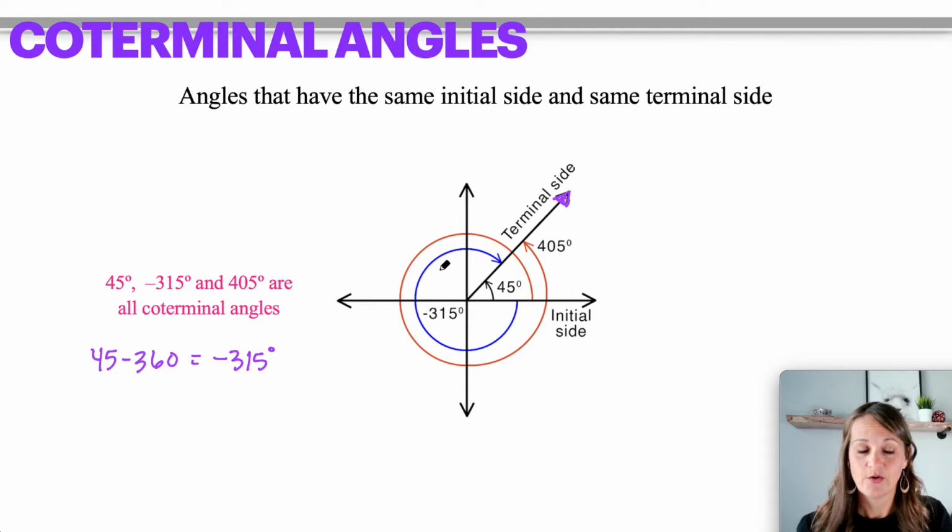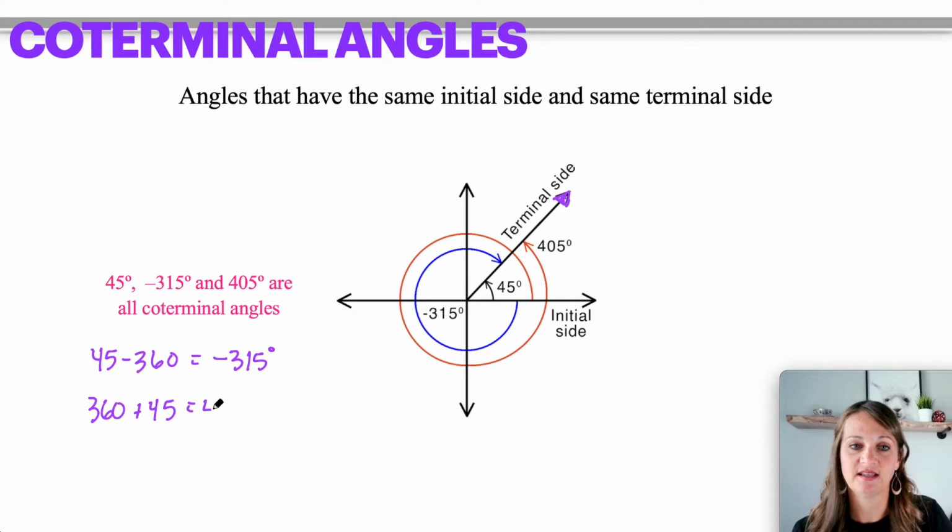Or if we went counterclockwise all the way around the circle, which is 360 degrees, and then went our 45 degrees, we would have reached the terminal side again at 405 degrees.